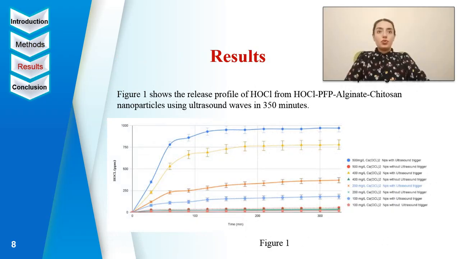We want to talk about charts. Result step. Figure 1 shows the release profile of HOCl from HOCl PFP alginate chitosan nanoparticles using ultrasound waves in 350 minutes.